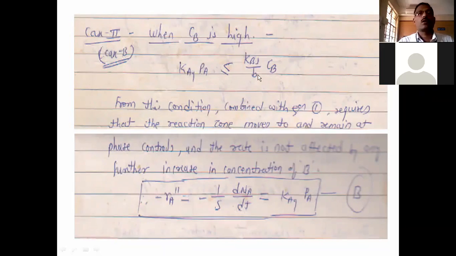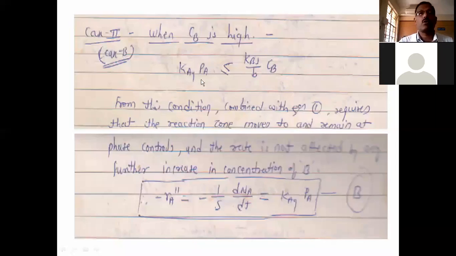This is the condition for when Cb is high, because there is a greater rate of mass transfer of B as compared to A. It means the resistance offered by A is higher as compared to the resistance offered by the liquid film of component B. This condition requires that the reaction zone moves to the interface, because B is very high. We already see in case B that the reaction plane moves towards the interface.